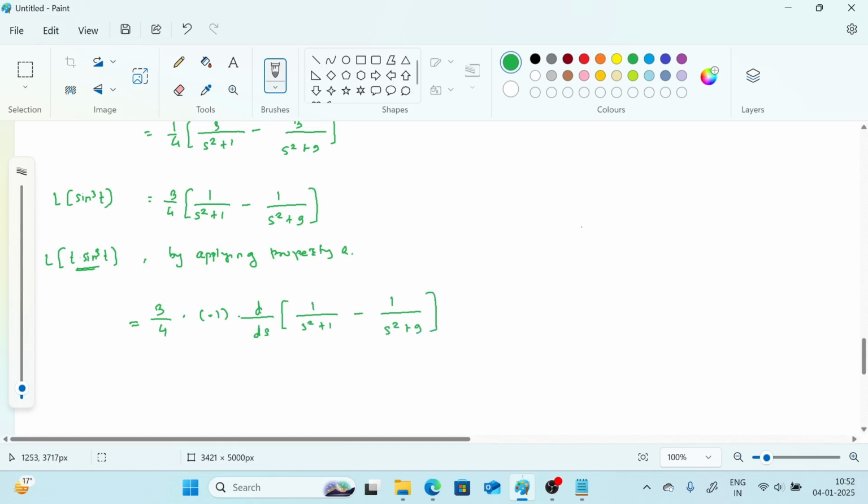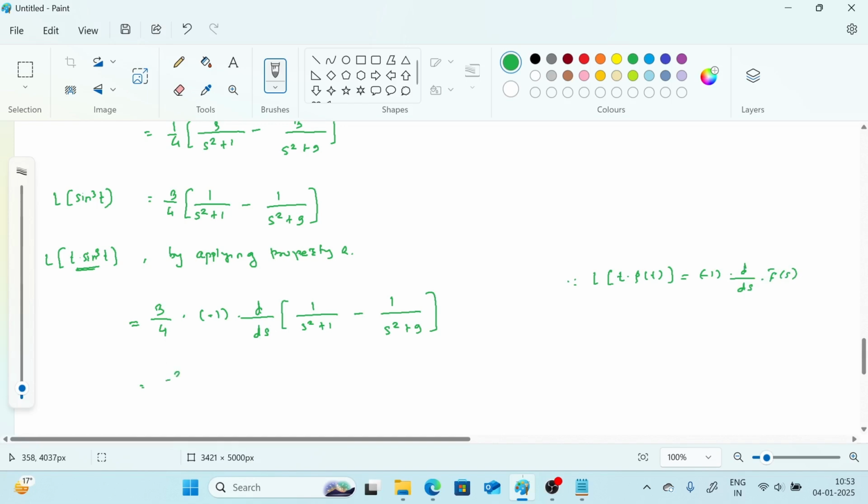Right? How did I write this term? By applying property 2. What is property 2? Laplace of t f of t will be minus 1 d by ds of f bar of s, right? I applied the same logic here.